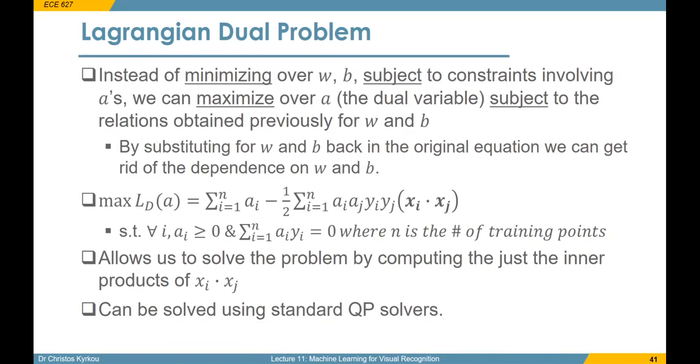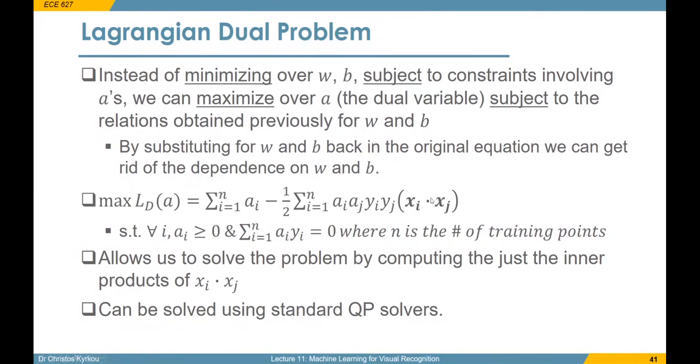So we rewrite our equation in a way that uses the alpha values, and again we have the same constraints on the alpha values. If you look at it closely, you see that the data point values appear in the form of dot products, and this is important for what is coming later.